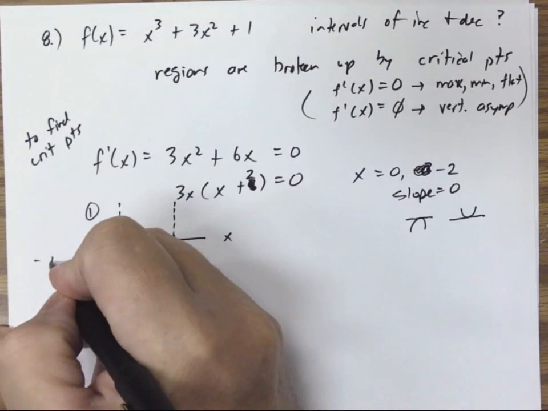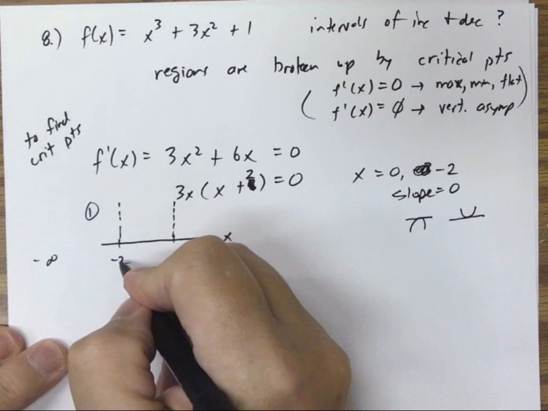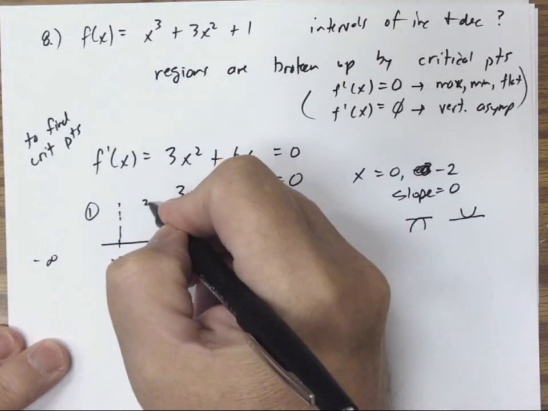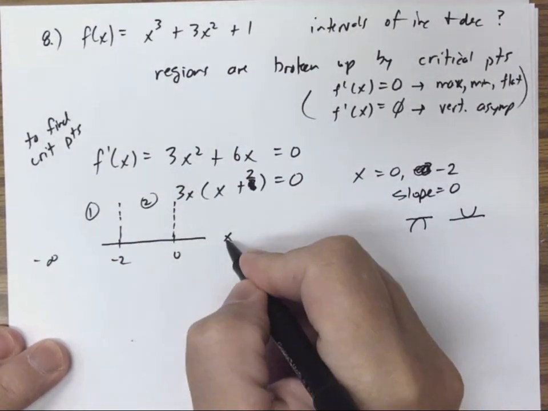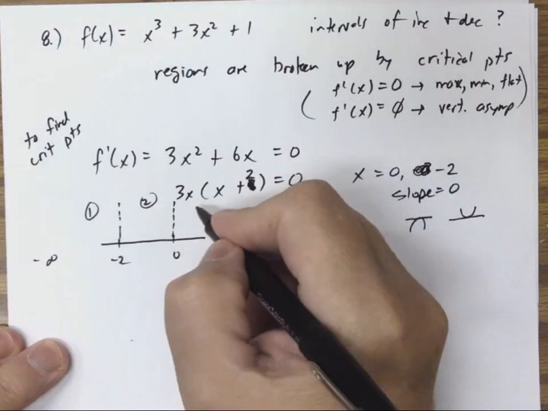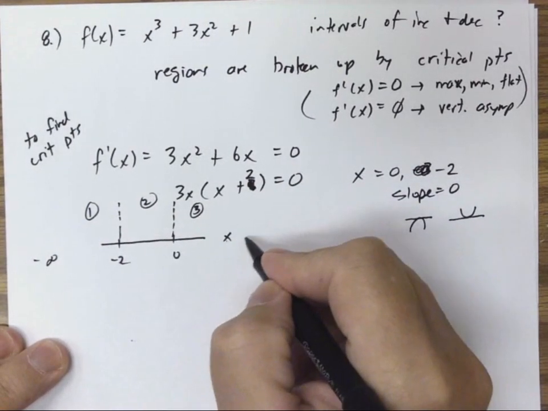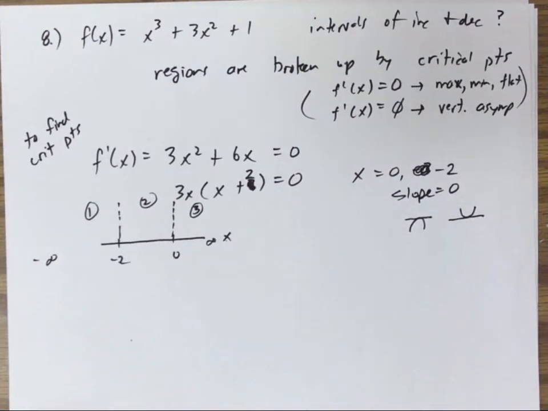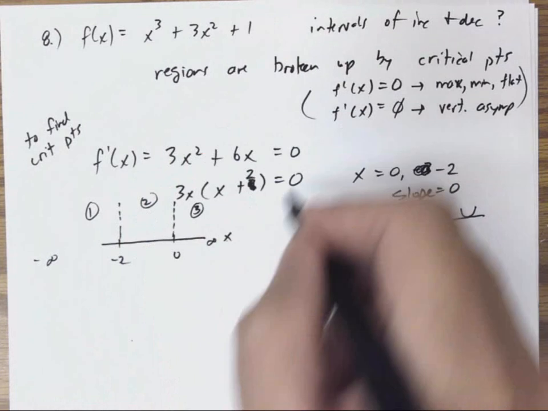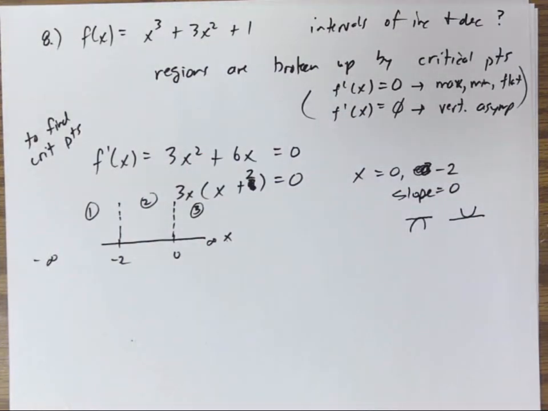Region 1 goes from negative infinity to negative 2. Region 2 goes from x equals negative 2 to 0. And region 3 goes from 0 to positive infinity. So as it turns out, for this function, there are 3 regions.